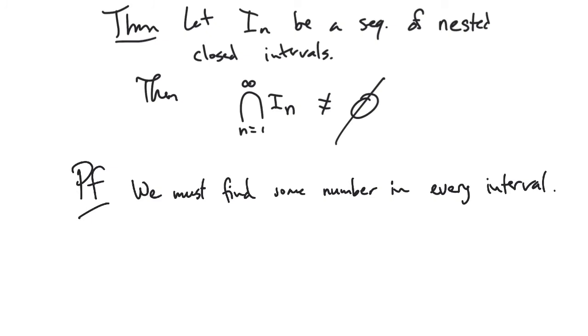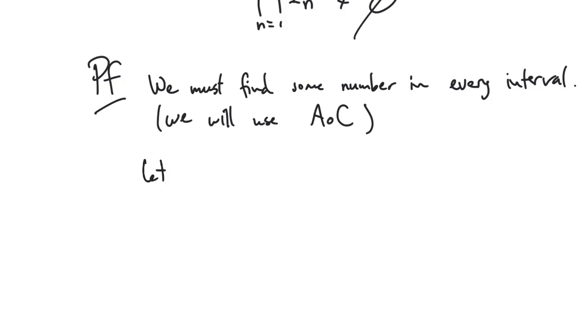And the first of my hints is we will use the axiom of completeness, because I said this is meant to be a consequence of the axiom of completeness. We will use AOC. I'm talking about the axiom of completeness, all right? Remember the notation that I used above. I'm going to write it this way again.